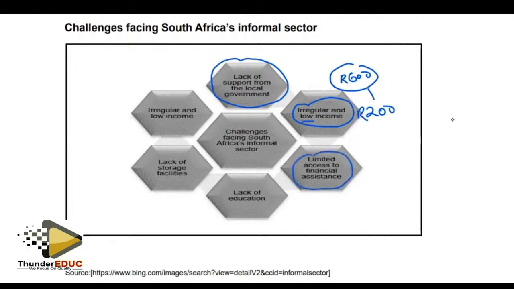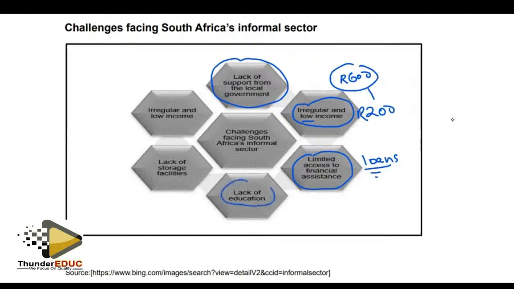So this becomes a challenge because the majority of informal traders won't have access to financial assistance such as loans. We know these financial assistance requirements ask for securities. Because these businesses are not registered, the financial lenders are scared to offer loans to them.